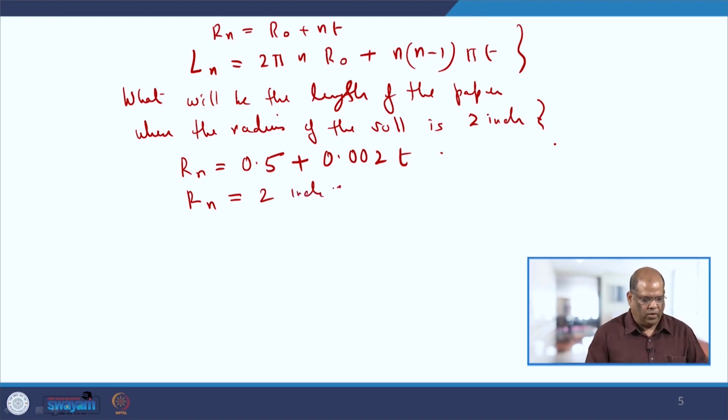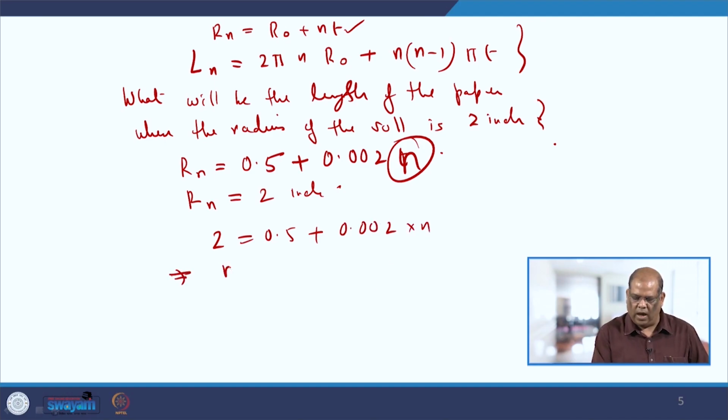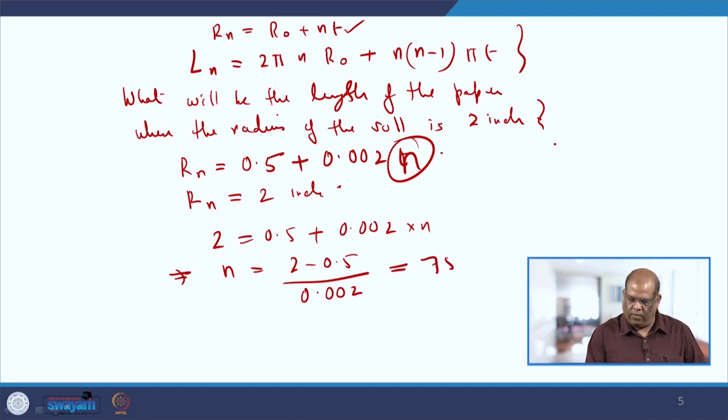If you substitute t equal to 0.002, you will get 2 equal to 0.5 plus 0.002 multiplied by n, and this will give n equal to 2 minus 0.5 divided by 0.002, and this is equal to 750.